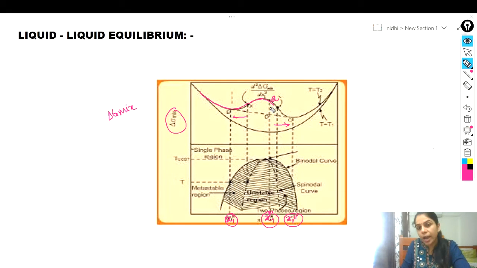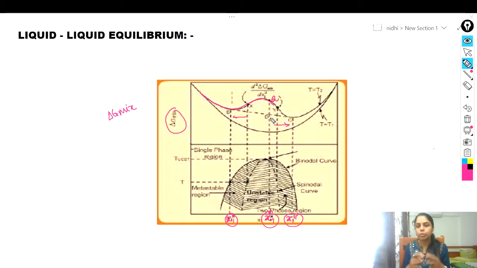So it will try to split into two phases so that it can make the system stable. Ultimately, it wants the system to be stable. So then it splits into two phases having different compositions.